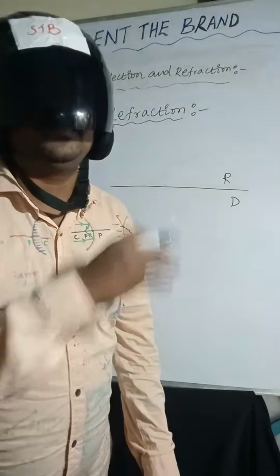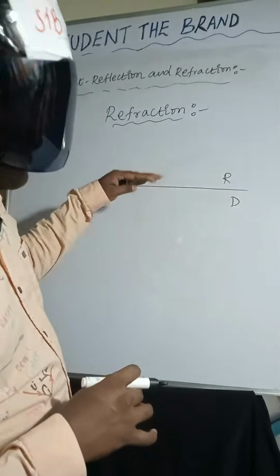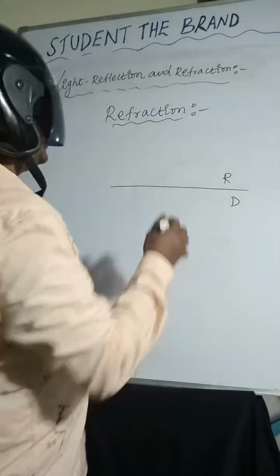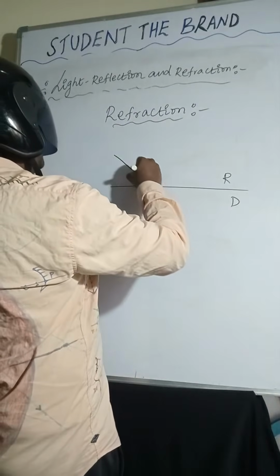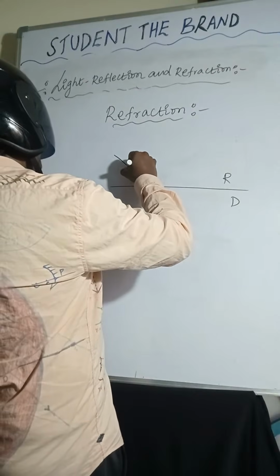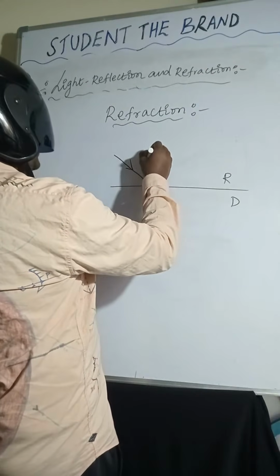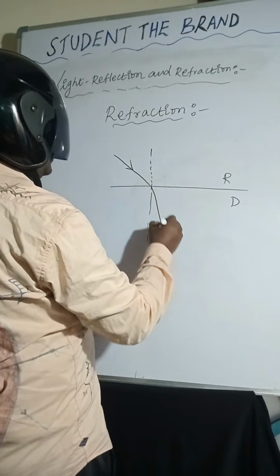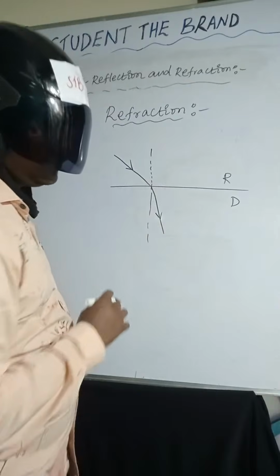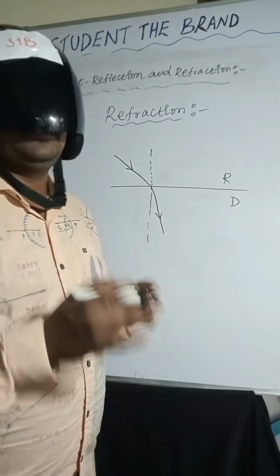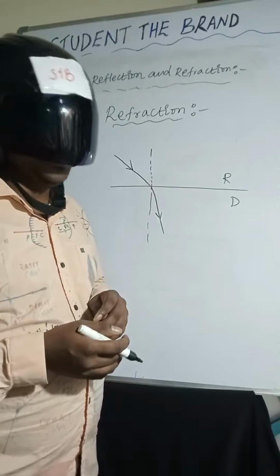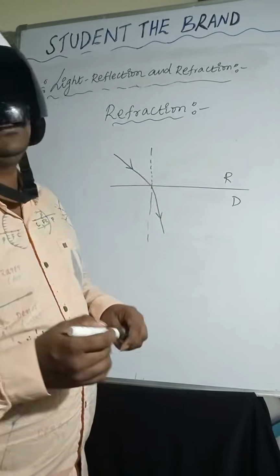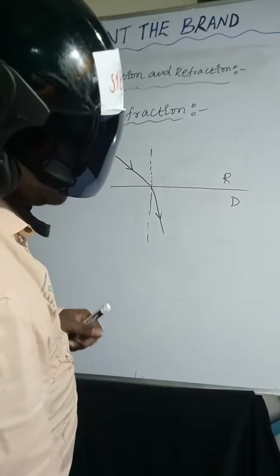If the light ray is moving from rarer to denser, at the interface of the two media it will bend towards the normal line. The path of the light changes at the interface of the two media is called refraction of light.